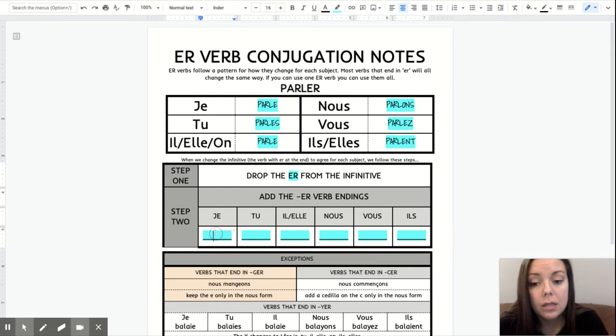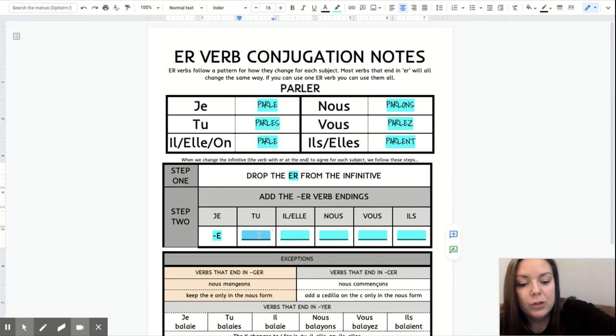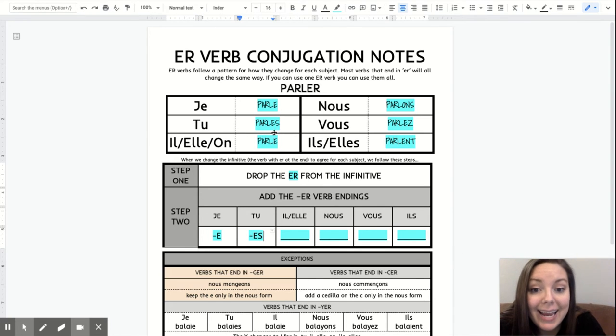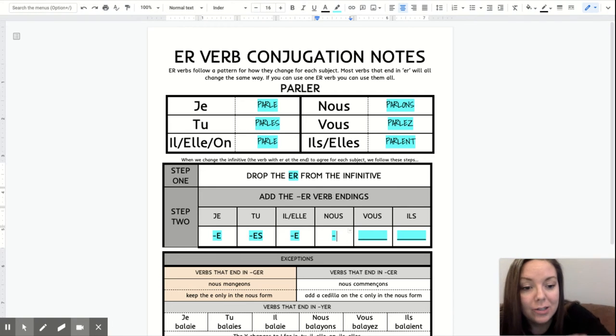Then we're going to add the endings for the pronoun, for the person. So for je, we're going to add an E. For tu, we're going to add ES. For il, elle, on, we're going to add an E again. For nous, we're going to add O-N-S.